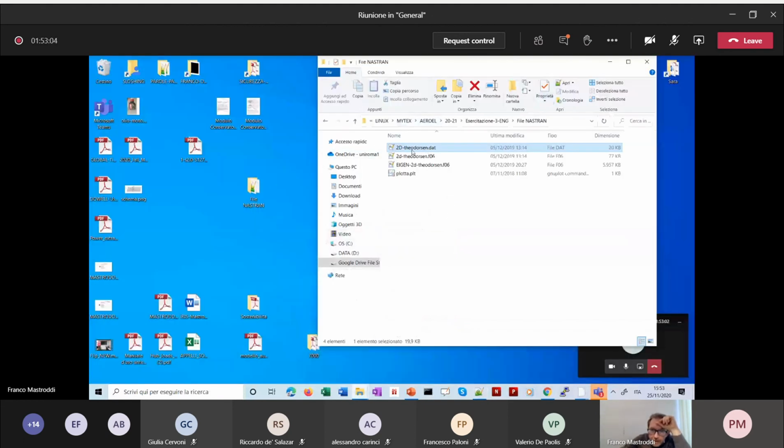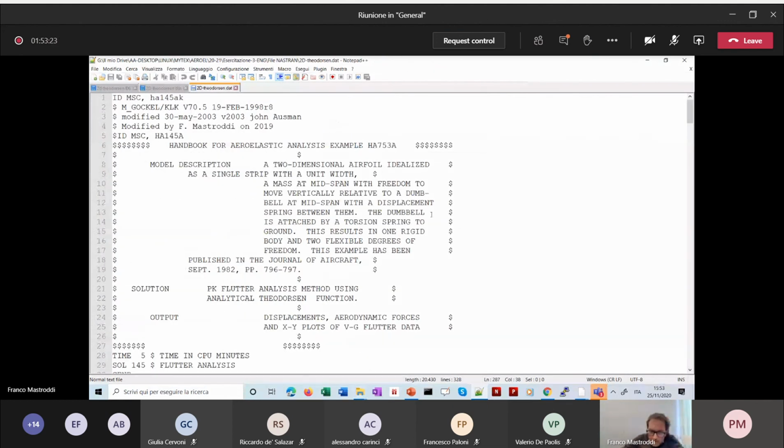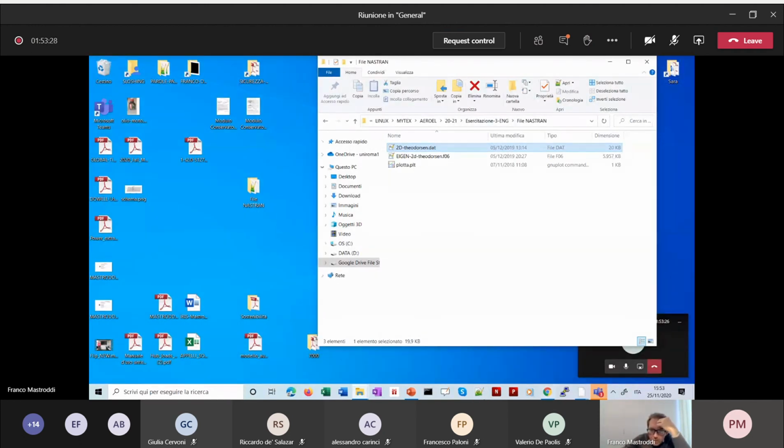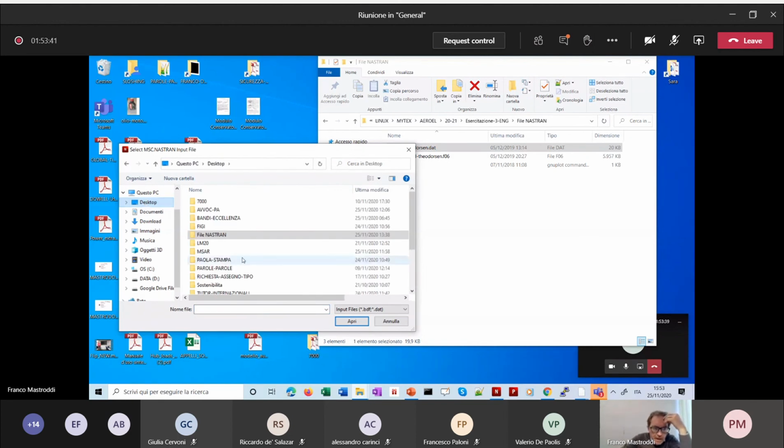Okay, so let me practice with you, and I have here the data input file. The data input file is 2D Theodorsen.dat. This is my input file that I will show you as a structure. And now I can launch my Nastran code here with this icon N. I have a navigator for reaching the data input file, and now I am in this directory.